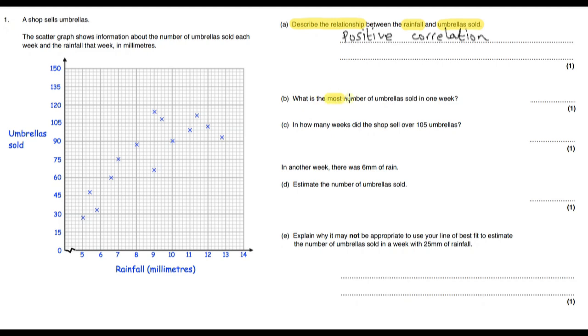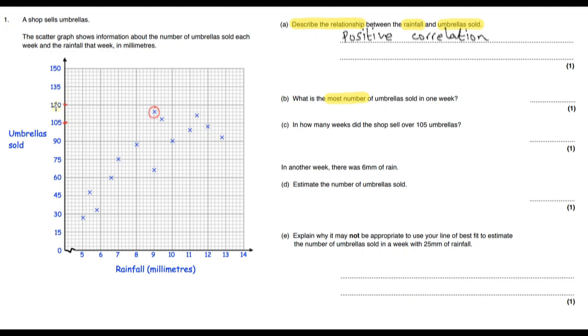What is the most number of umbrellas sold in 1 week? So the number of umbrellas is along the y-axis. So we're looking for the highest value, and we can see that it's this one here. So how many umbrellas is that? Well, we've got 105 here and 120 here, and we've got 5 small squares between each of these points.